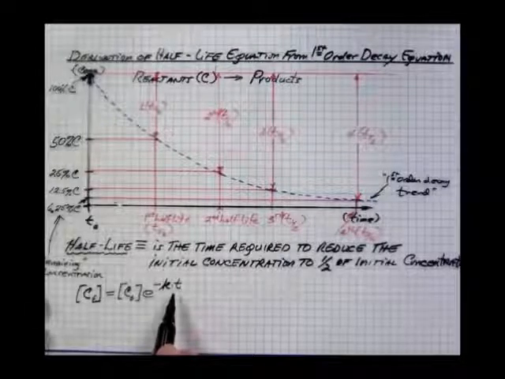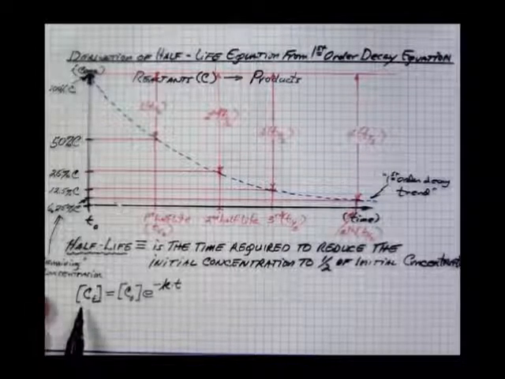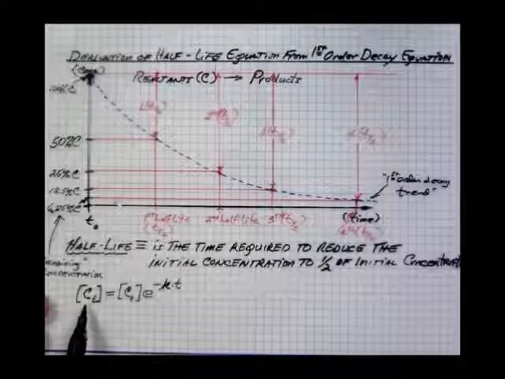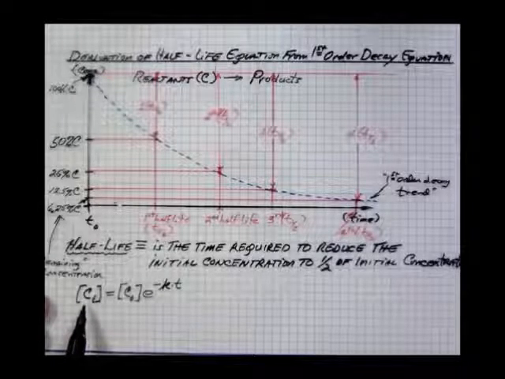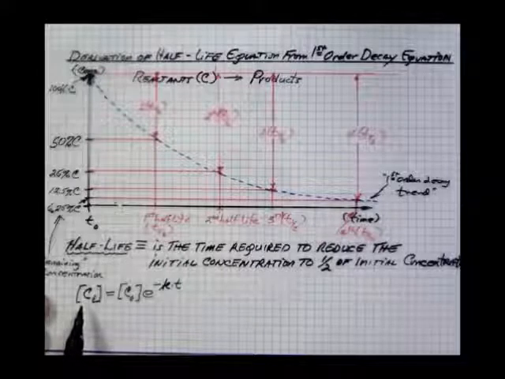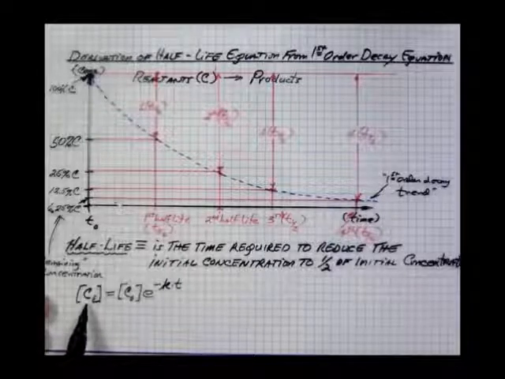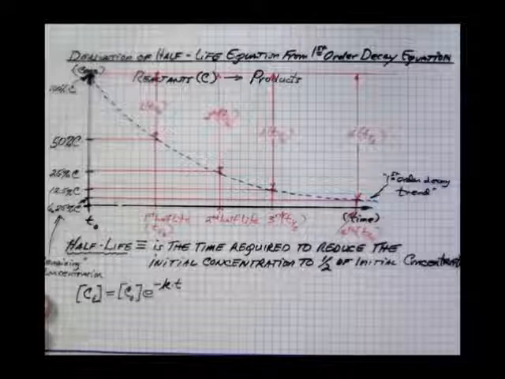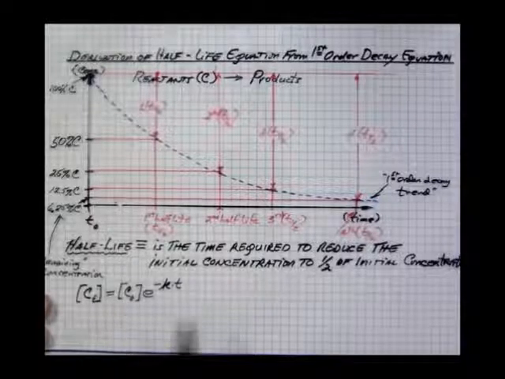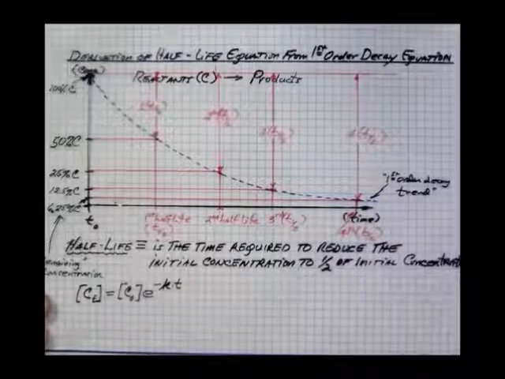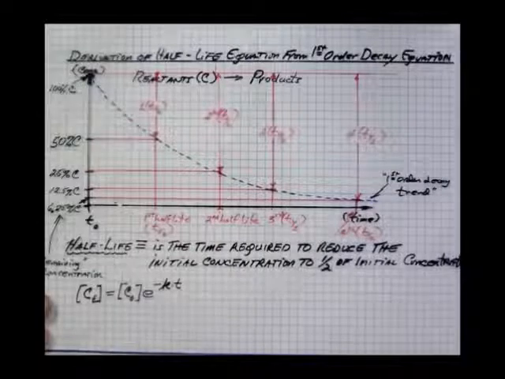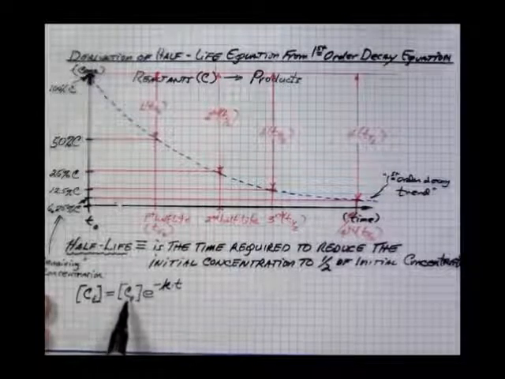Now, we substitute the final concentration at the half-life position, when half of C sub O has been consumed, or half remains. Then we take C sub O divided by 2.